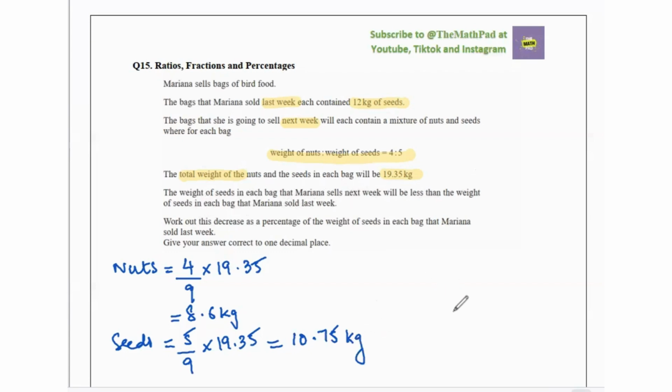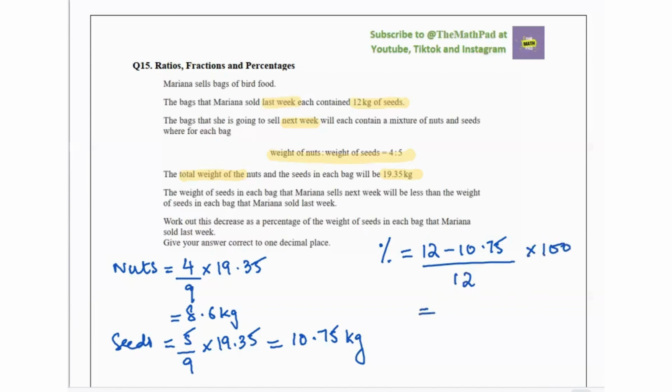We've already established that. Work out this decrease as a percentage of the weight of seeds in each bag that Mariana sold last week. So for percentage decrease, we will subtract the new amount and the old amount. So 12 minus 10.75 divided by what she sold last week, which is 12, and then times the fraction by 100 because it's percentage.